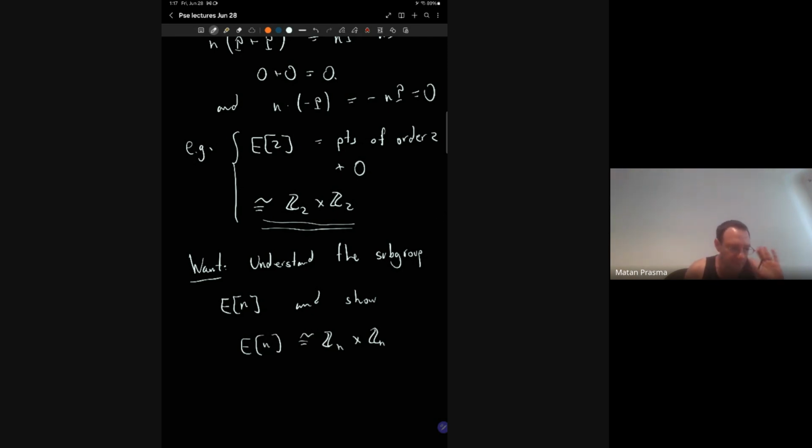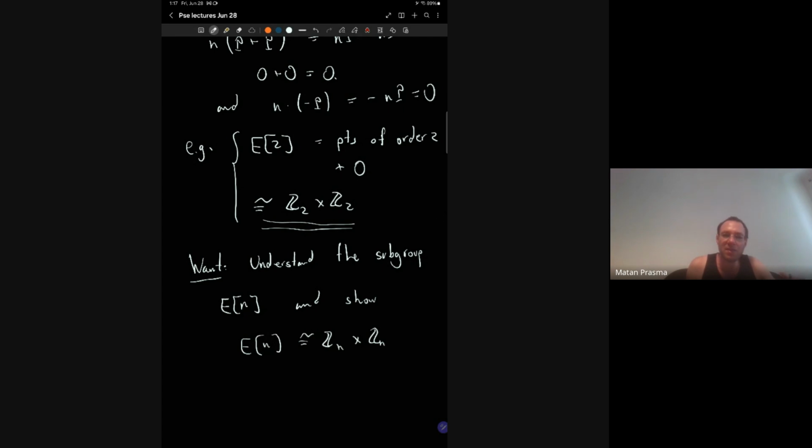Now, if you think about it, we have the structure theorem for abelian groups. So if we know simply the number of elements in E bracket n, then there are not so many options.